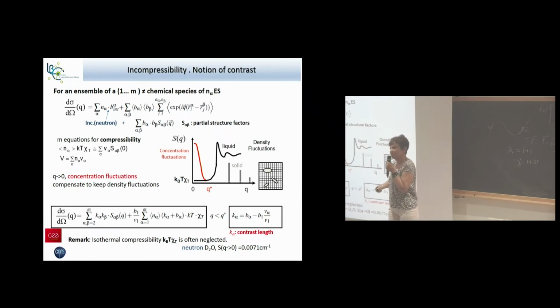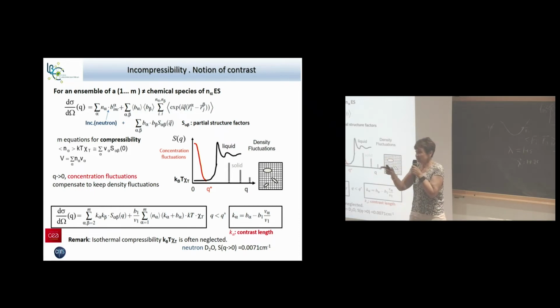So you see what is important here is that there is a difference, and the scattering cross section is proportional to this contrast. In order to have the signal, you have to have a huge difference. The scattering length density appears in this equation.